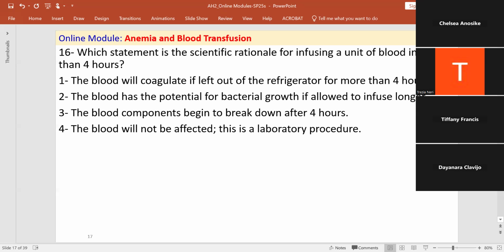The coagulation doesn't take place like number 1 says.